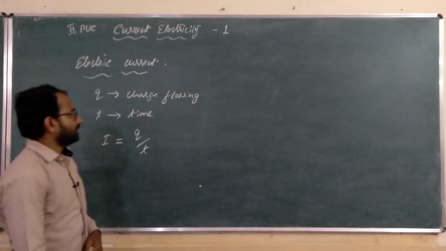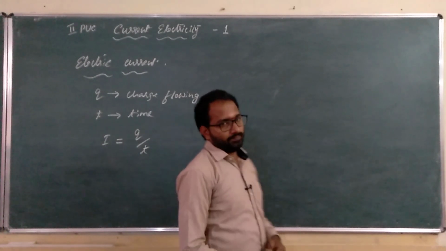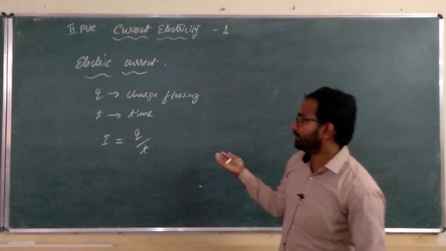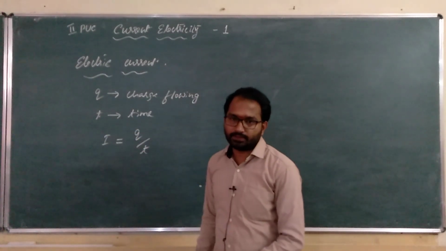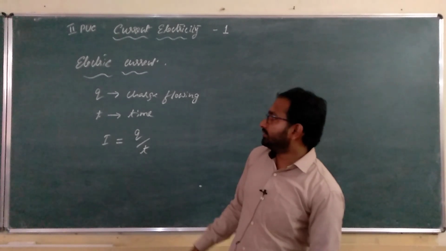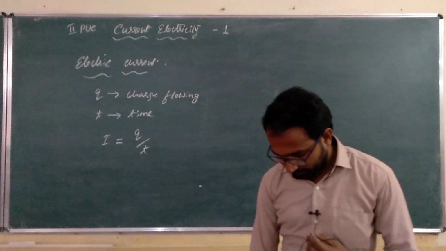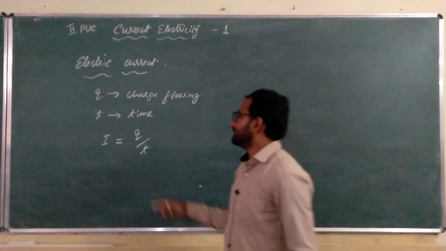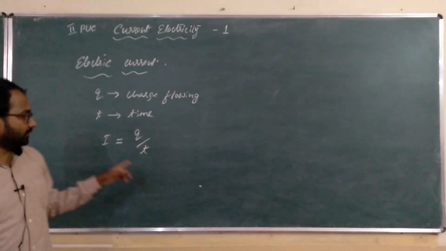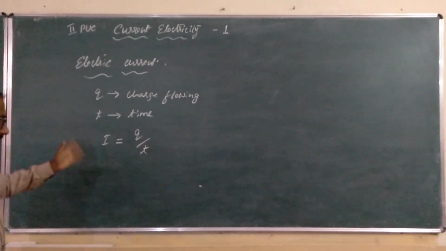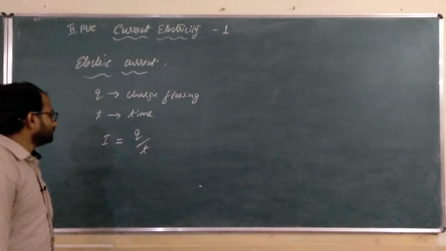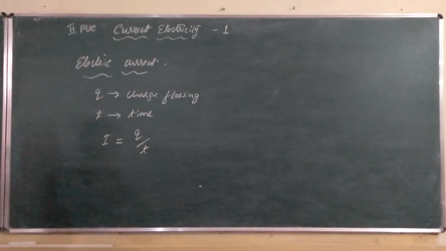It is in fact the average value of current, because we are considering the total amount of charge flowing in a time interval of t seconds. So Q by t is the definition for average current. I is equal to Q by t.